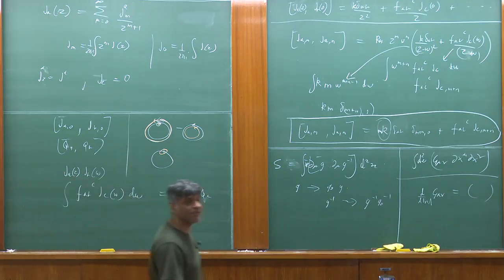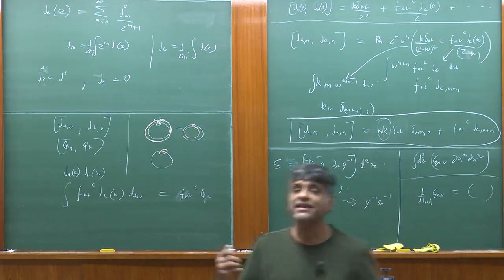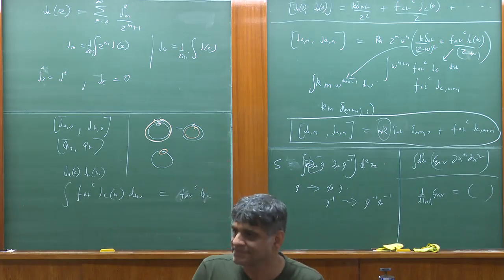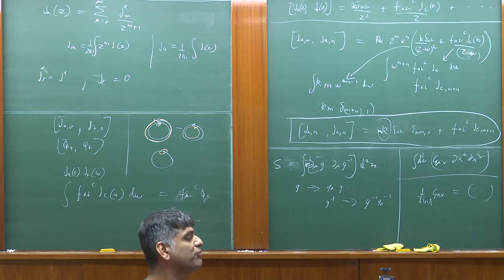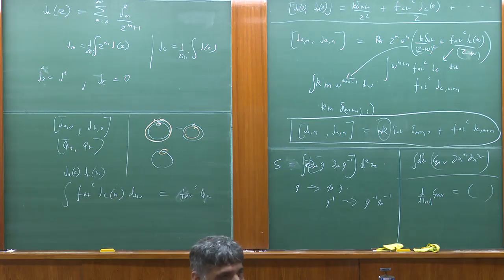Now, what can that something be? Suppose we did a field redefinition of x. X is some function of y's. How will that change the Lagrangian? Can somebody suggest? So I do x is some function of y's.